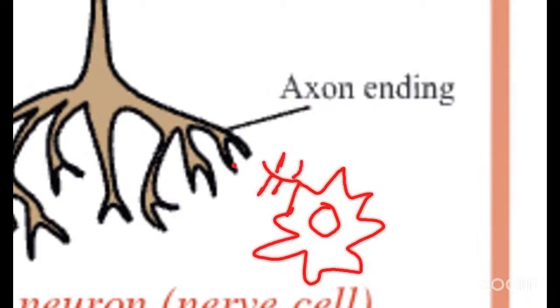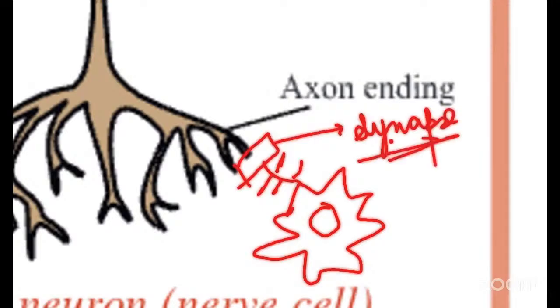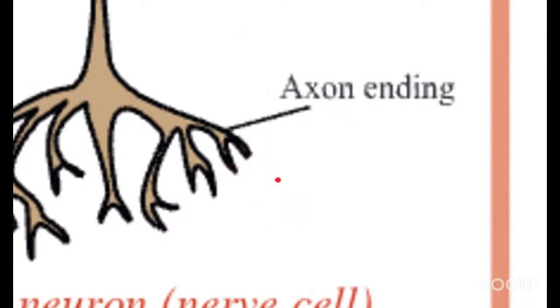Now the gap between them is called synapse, and that synapse will have neurotransmitter. The nerve ending will release this neurotransmitter to fill the chemical gap, which is the synapse, and that neurotransmitter will go to the dendrites. It is again converted into the electrical impulse, and then the electrical impulse will go.